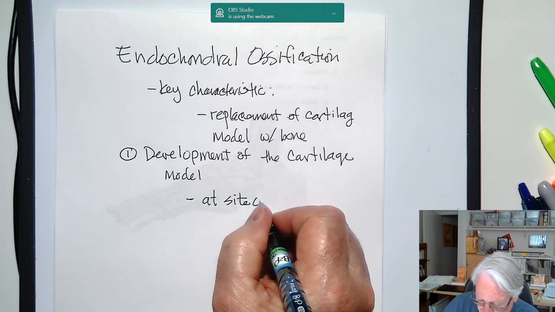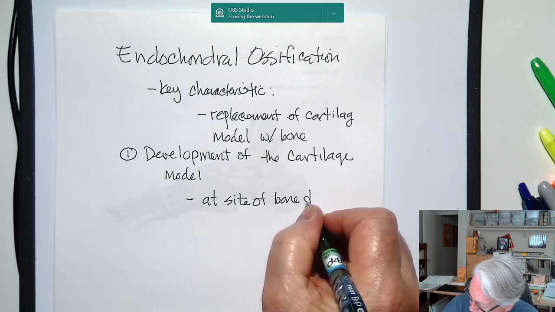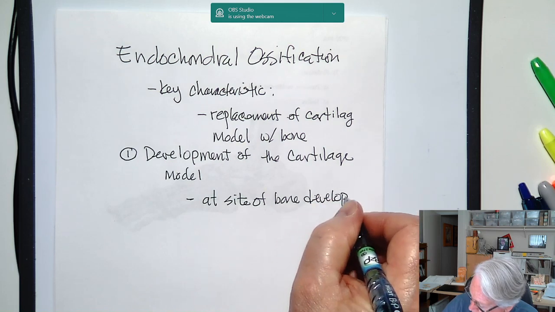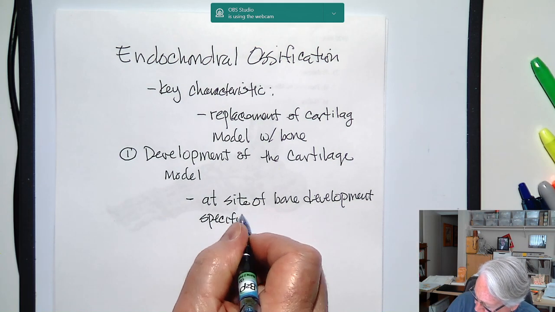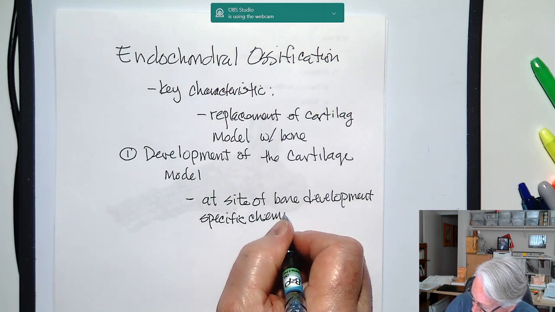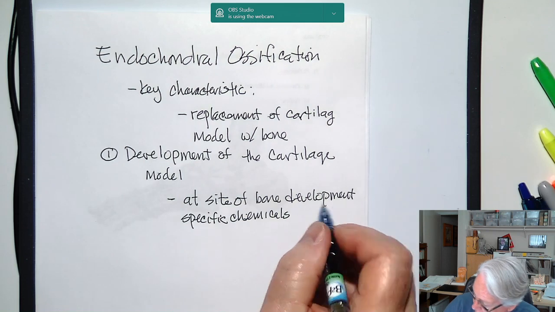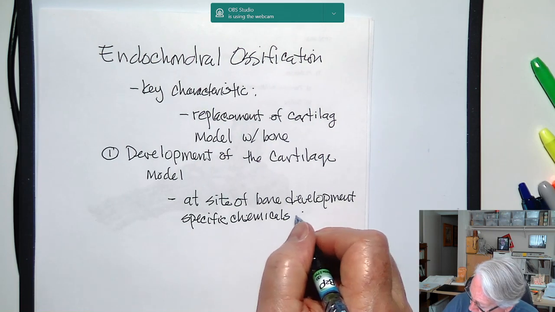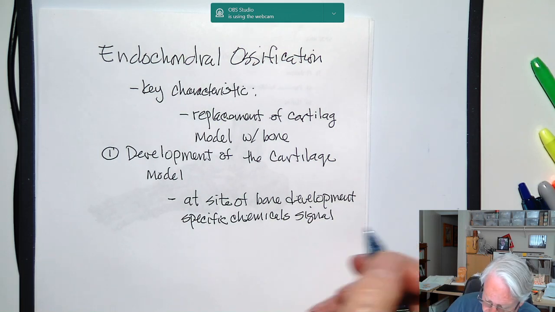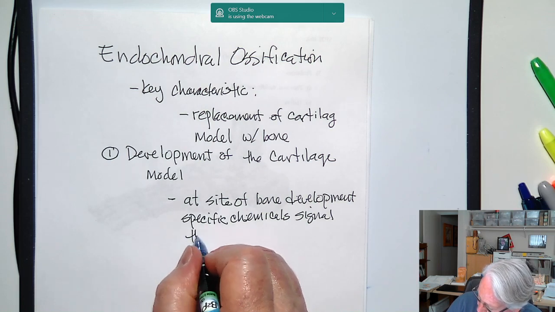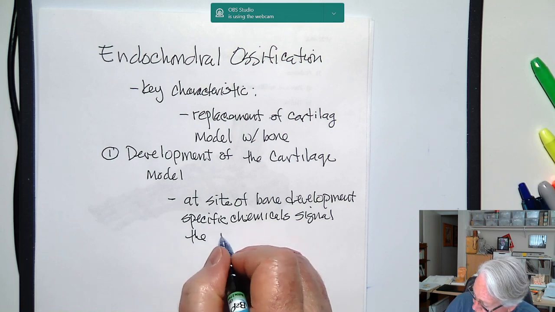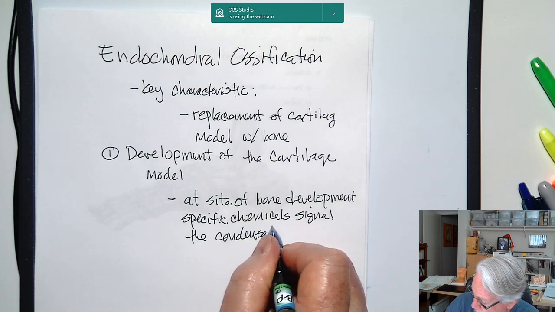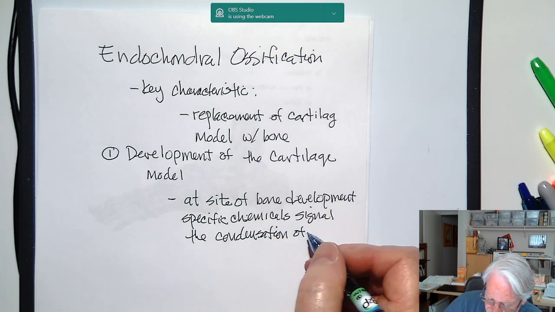At the site of bone development, specific chemicals signal the attraction, or the condensation, let's put it that way, of mesenchymal cells.